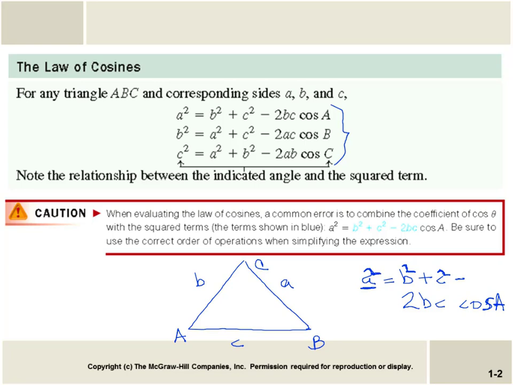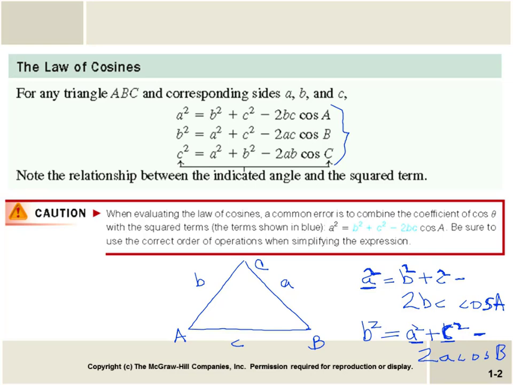If I want b squared, it's equal to the sum of the other 2 sides squared, whatever the other 2 are, minus 2 times, now it's AC cosine of b. So do you see how that's exactly the same formula depending on which one you want? Does everybody see this or no?